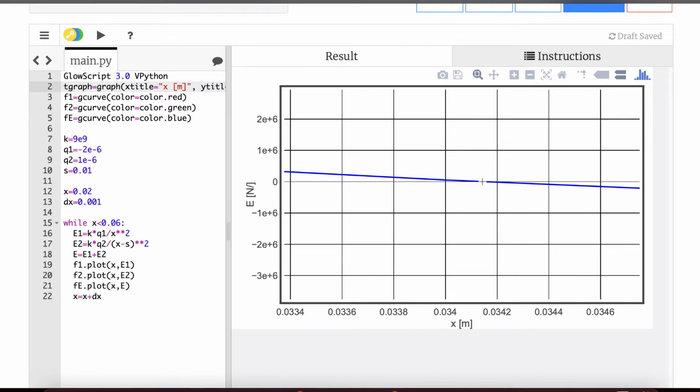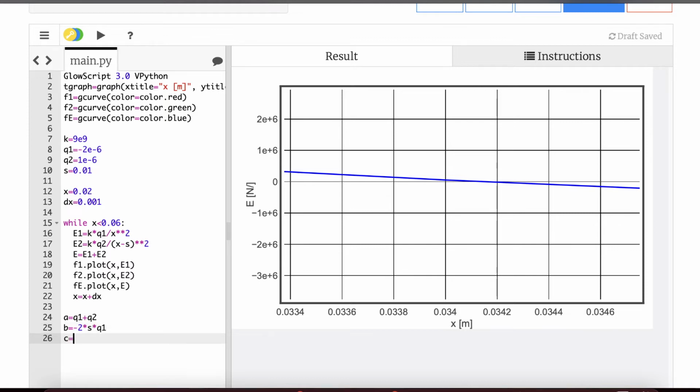Okay. Excellent. Now, let's go over here and do it the other way, the quadratic equation way. So I'm typing in my equations. A equals Q1 plus Q2. And remember, Q1 is negative. B equals negative 2 times S times Q1.